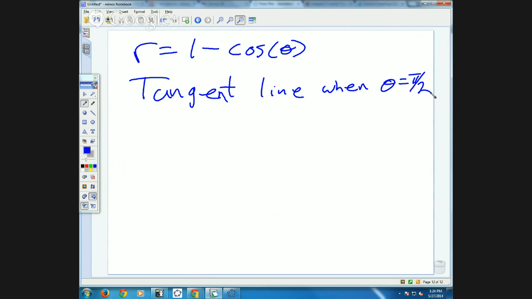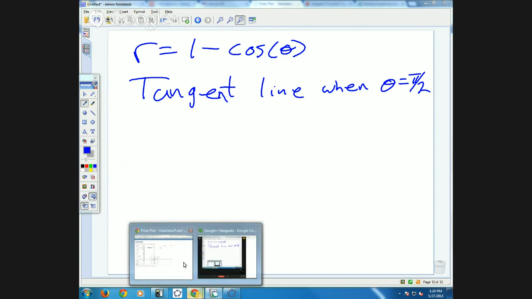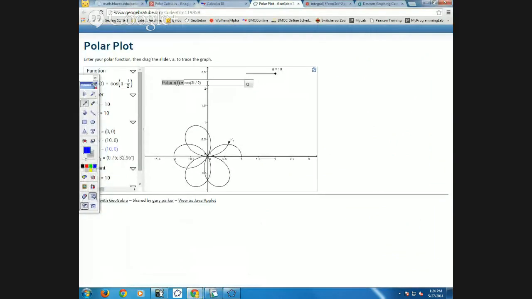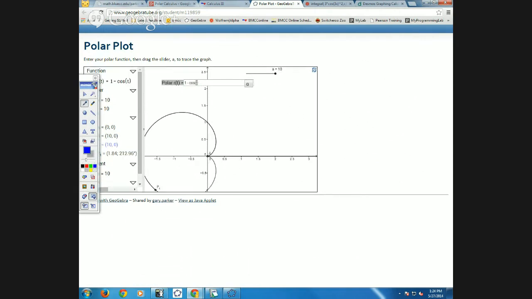So I would make a quick sketch of that to see what you're getting yourself into. Graphing utility is highly suggested. I'm going to use my GeoGebra grapher. One minus cosine of t. Okay, it depends on how you look at it, it's either a sideways heart or a sideways butt.